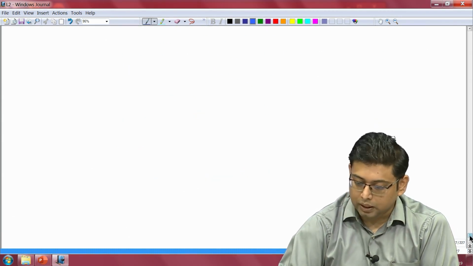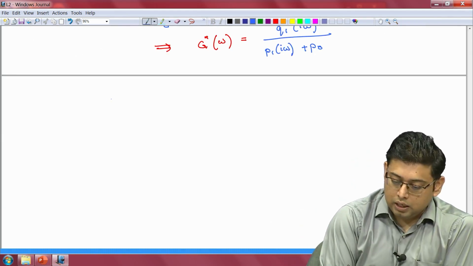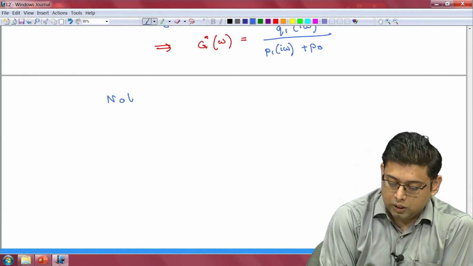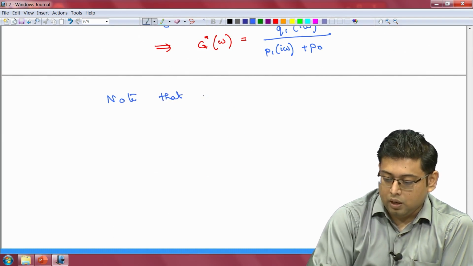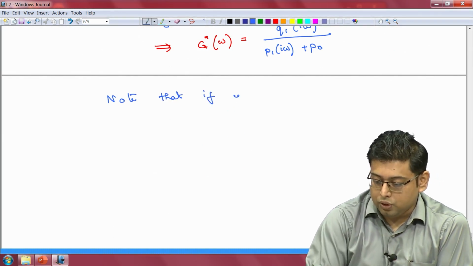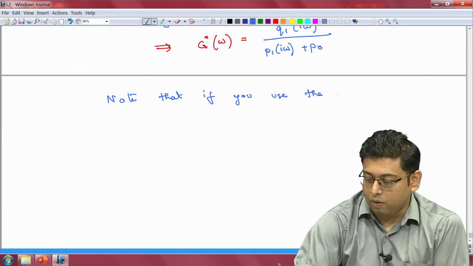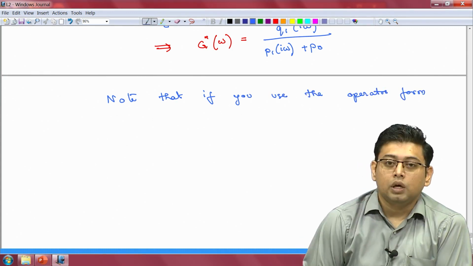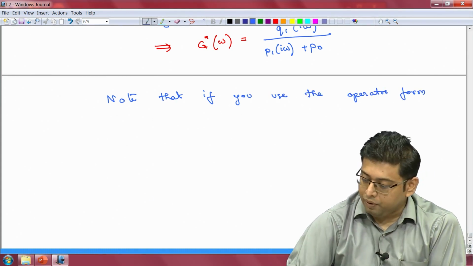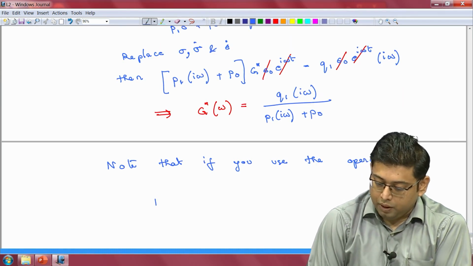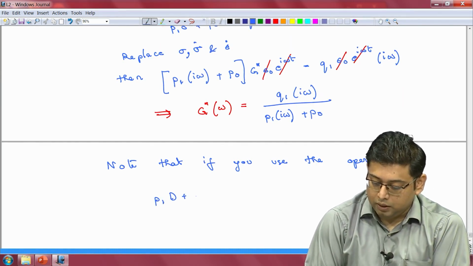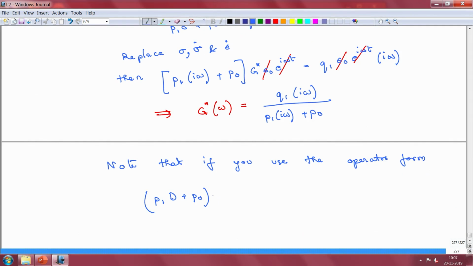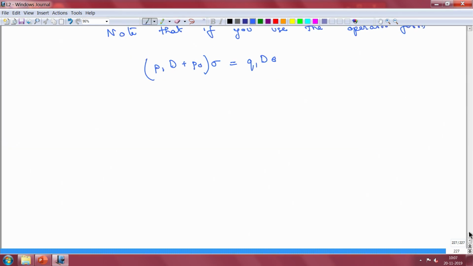So, basically what I am saying here is, note that if you use the operator form, then the previous equation can be written as P 1 d plus P naught of sigma equal to Q 1 d epsilon, right.